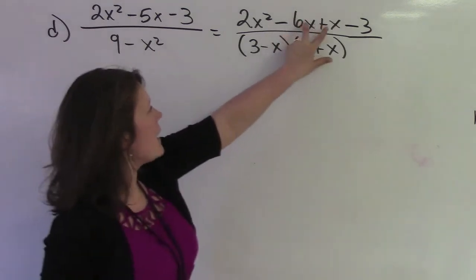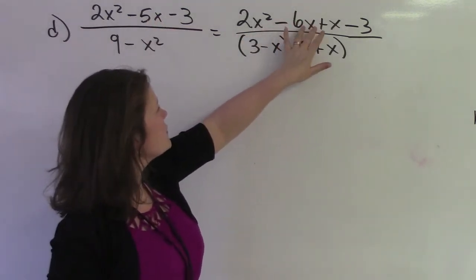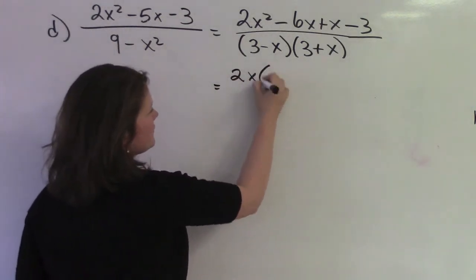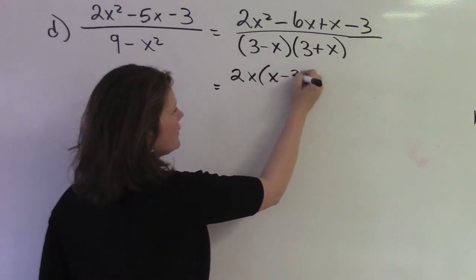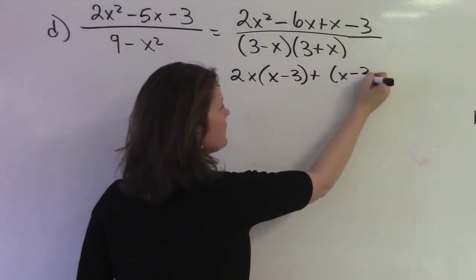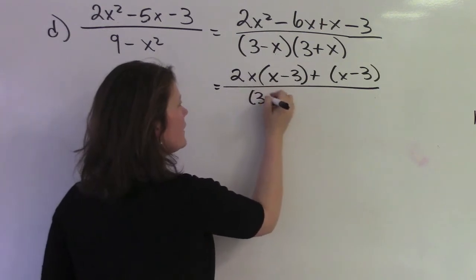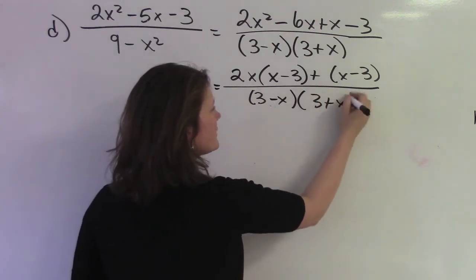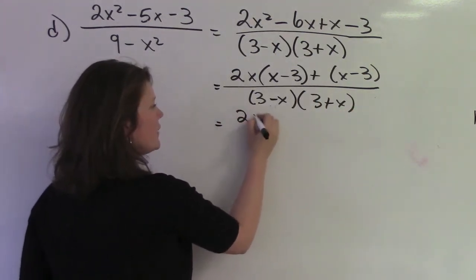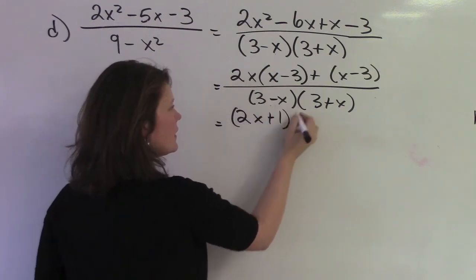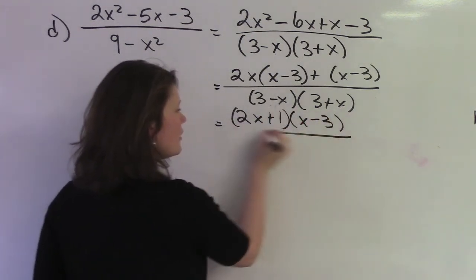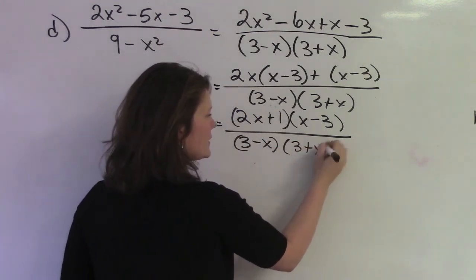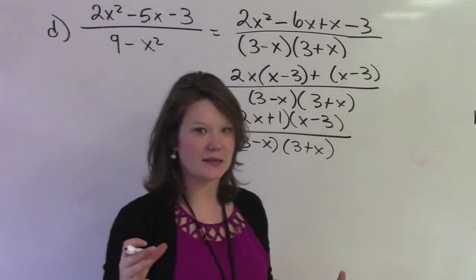Two numbers that add up to negative 5 and multiply out to negative 6. 2x, I'm going to factor 2x out of both, x minus 3 plus x minus 3, all over 3 minus x, 3 plus x. 2x plus 1 times x minus 3 all over 3 minus x, 3 plus x. All right, we're all factored.